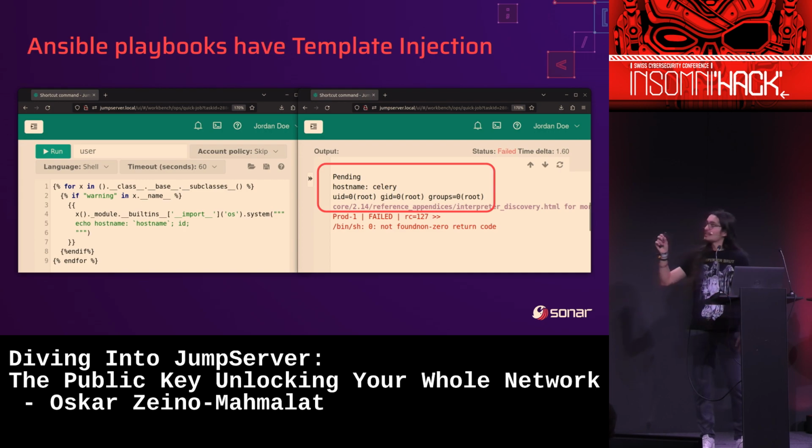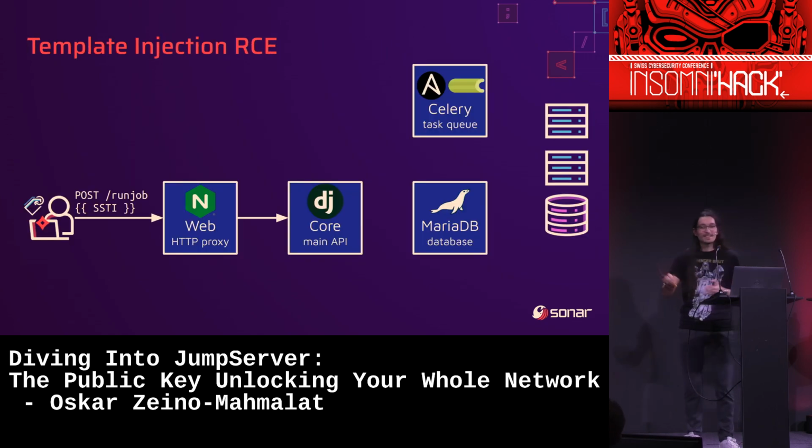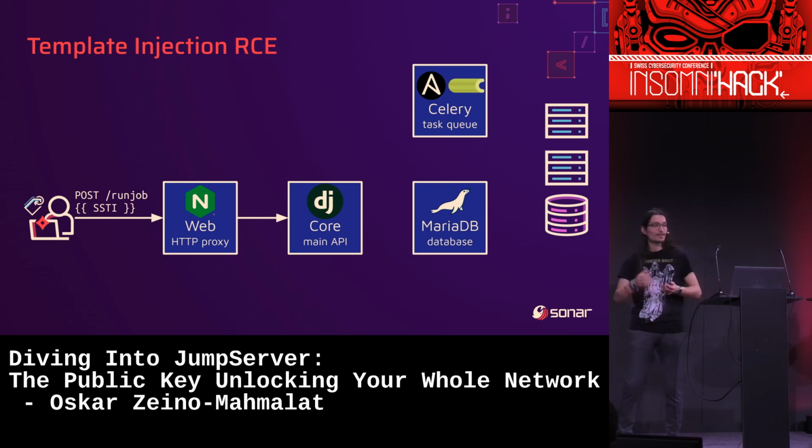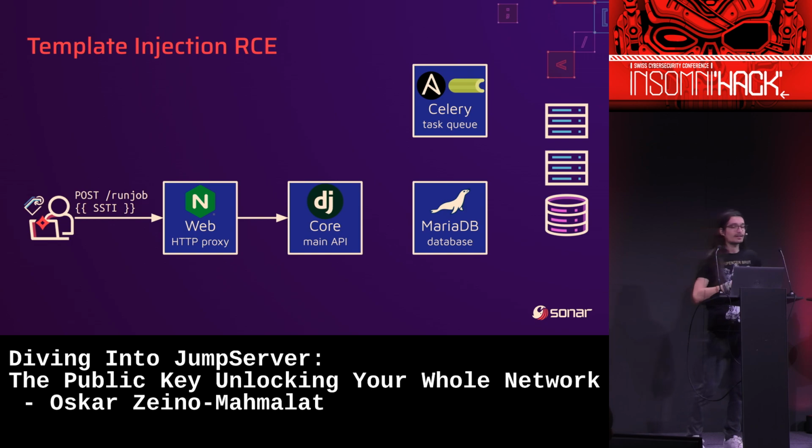And now what this means is that this is running on the Celery container and not the host where it is expected to run. And of course, also as root, because why not? So now we see here how this looks in the nice overview. So I, as an attacker, I have already an account. I have access to, I don't know, any host, or it doesn't even need to be any.